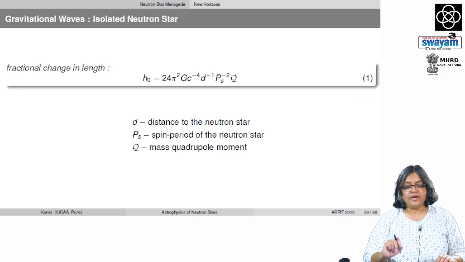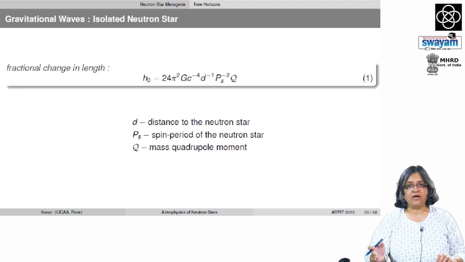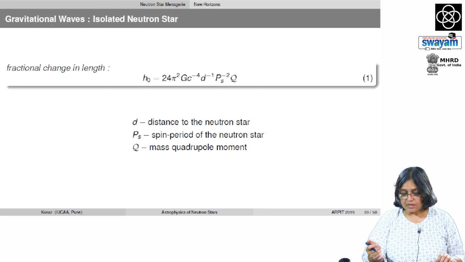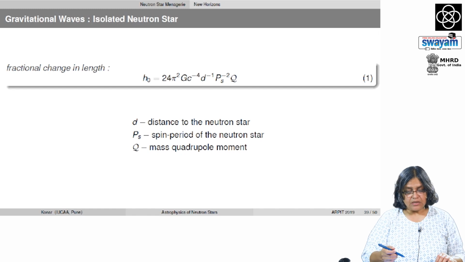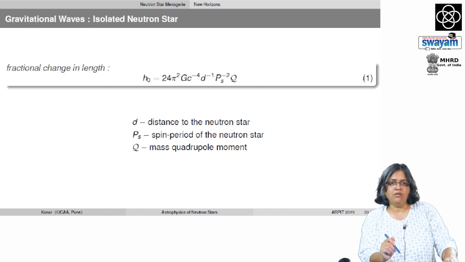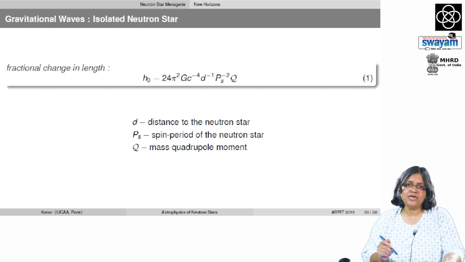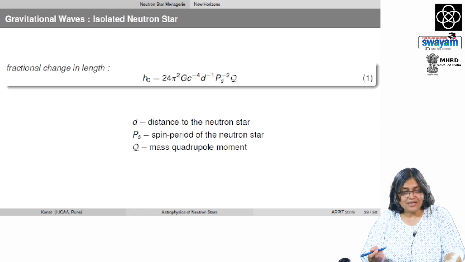Now, in isolated neutron stars we can have surface deformities, and the surface deformity will give rise to gravitational waves which will give a fractional change in length, that is the amplitude that one would detect in the observatory, which is either ground based or space based.